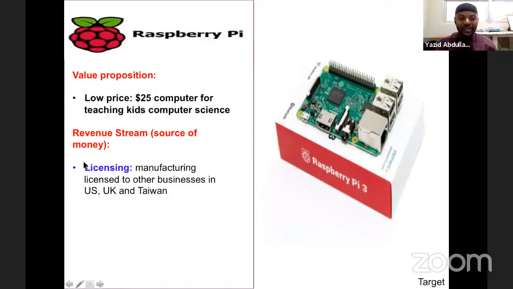And now what they do is they license the manufacturing of Raspberry Pi to businesses in US, UK, and Taiwan. When those businesses manufacture Raspberry Pi, they sell it, they give Raspberry Pi royalties. They give the company royalties. And this is what you call licensing.